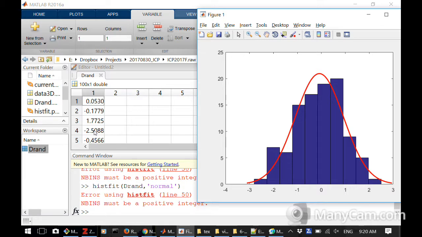So how many points are below negative 3? 0. How many are above 3? 0 again, right? So the maximum number of points you would expect to be where? At around 0, right? Why?